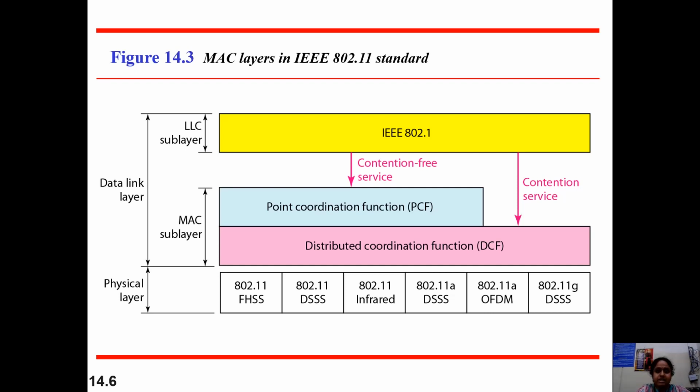Controlled access methods are used by access points, and hence we say access point uses polling access method for PCF, whereas stations use random access MAC protocols, one of which is CSMA-CA, which we are going to study in this session.